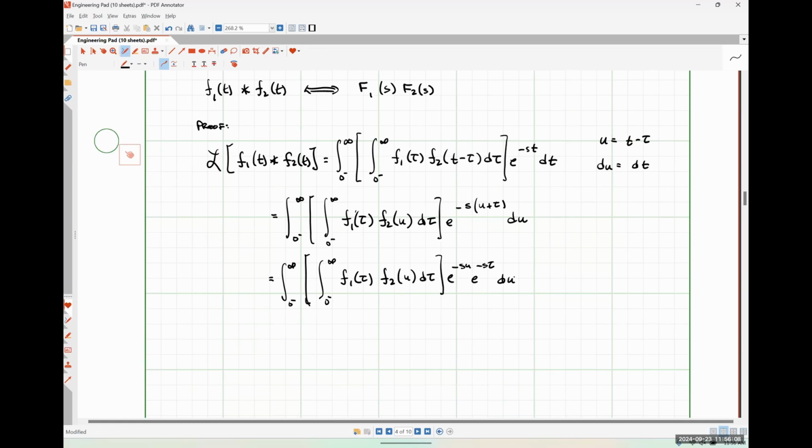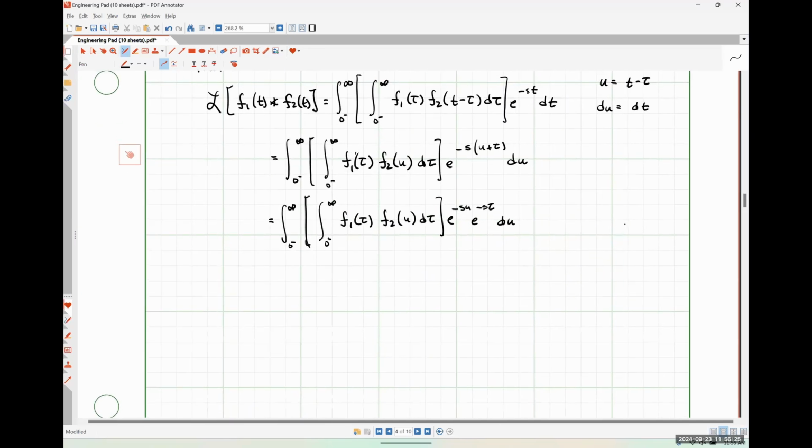So since this e to the negative su is effectively a constant with respect to tau, I can move it inside, right? And since this f2 of u is effectively a constant with respect to tau, I can move it over here.